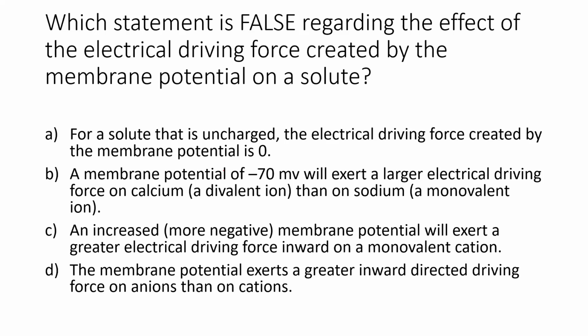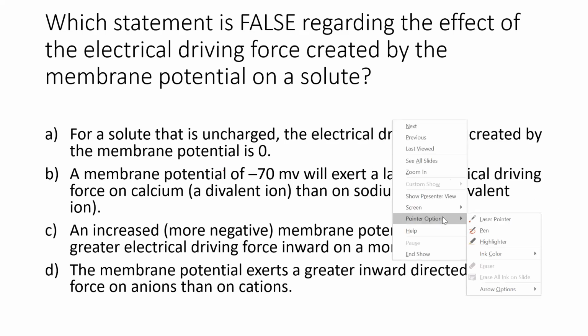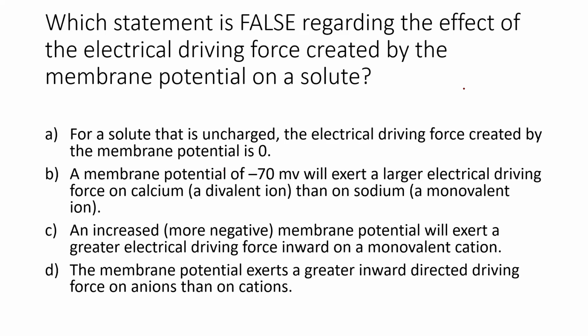C: an increased or more negative membrane potential will exert a greater electrical driving force inward on a monovalent cation. Let's walk ourselves through this one. If we have a negative membrane potential, say our cell is negative 70 inside, positive outside, really scratchy cell, I apologize.